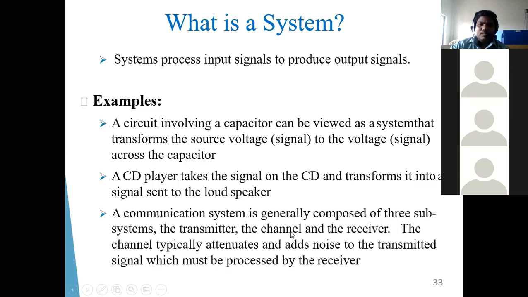Here the channel is nothing but optical cables as well as coaxial lines. If the optical cables do not propagate the signals properly, there will be some noise added to the signal. So these are some examples of a system.